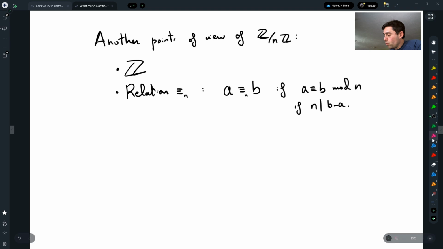Then I'm going to leave this as an exercise, you can show that this relation is symmetric.